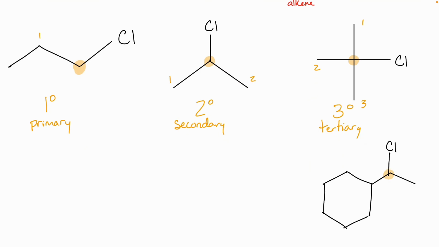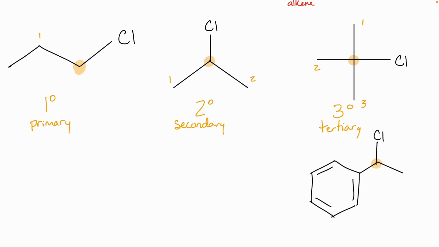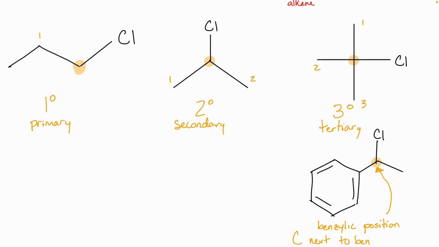Oops, let me finish off my benzene ring. Has that halogen. This is what's called a benzylic position. Okay. Carbon next to benzene ring.